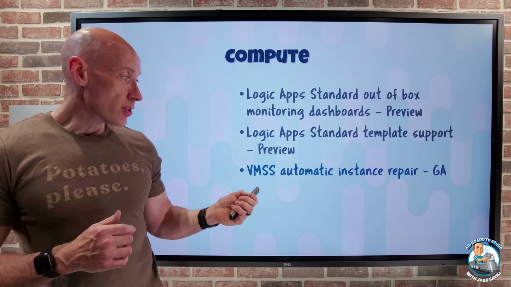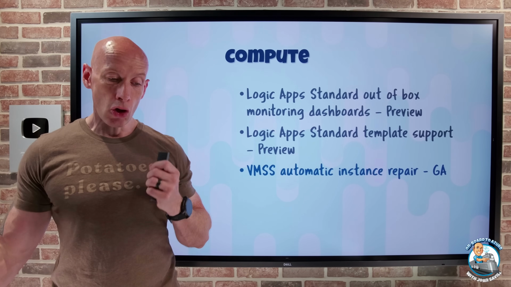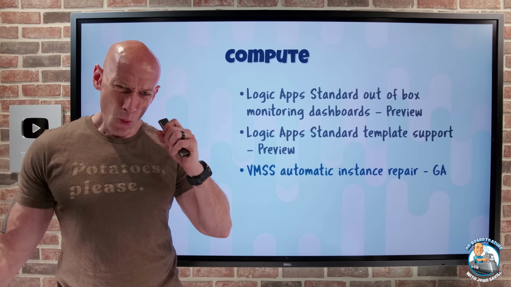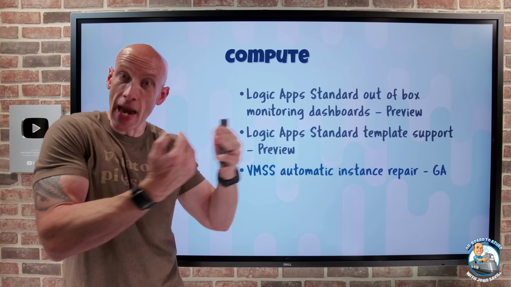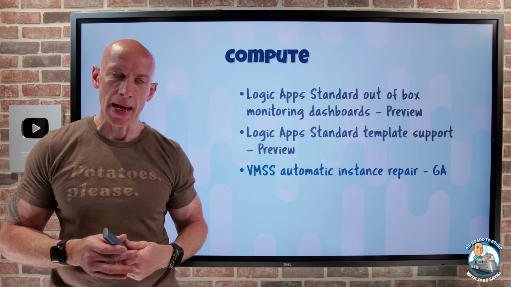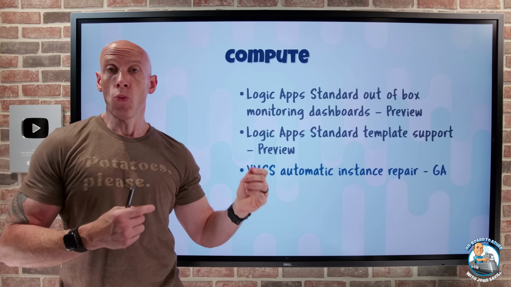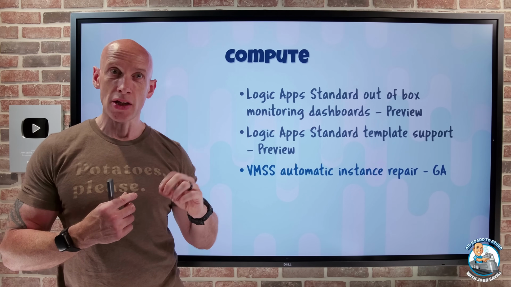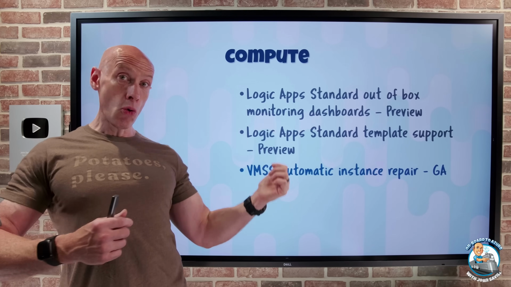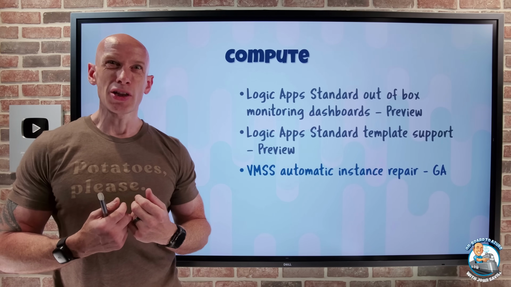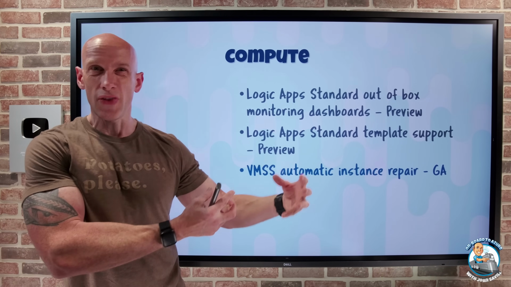Virtual Machine Scale Set Automatic Instance Repair has gone GA. You have a number of VMs that make up that virtual machine scale set, and if one is unhealthy, it can perform one of a number of different types of actions based on my configuration. The important point is that health is not just based on whether the Azure Resource VM is healthy or not.